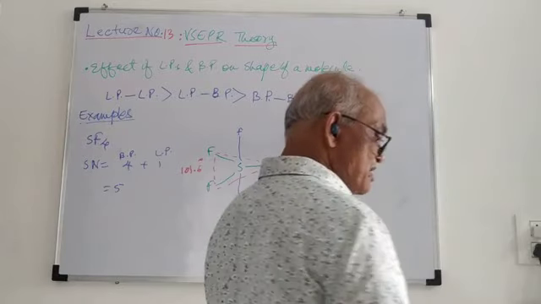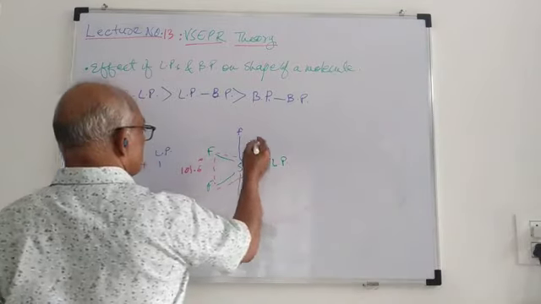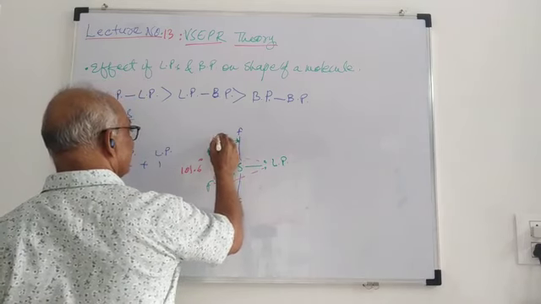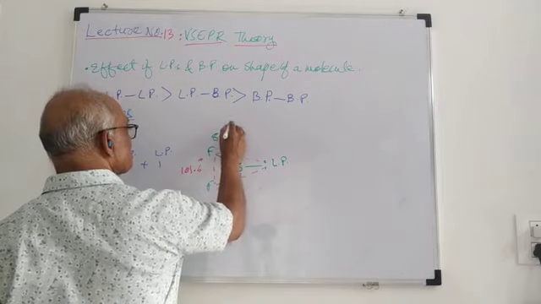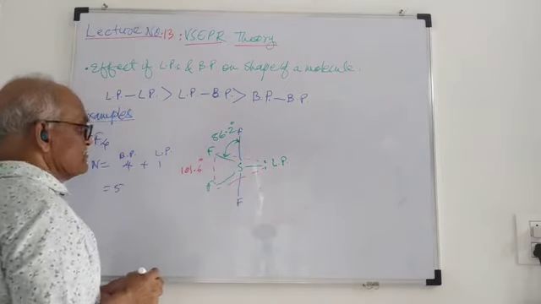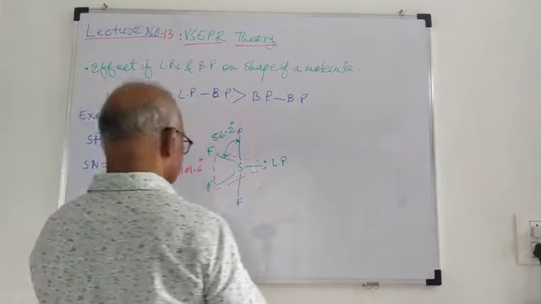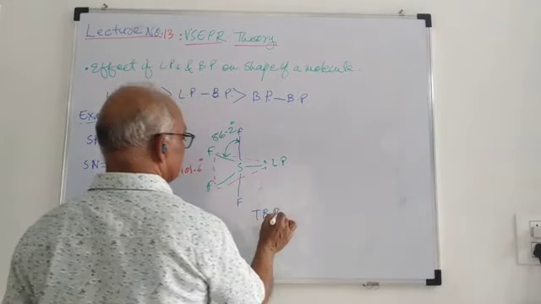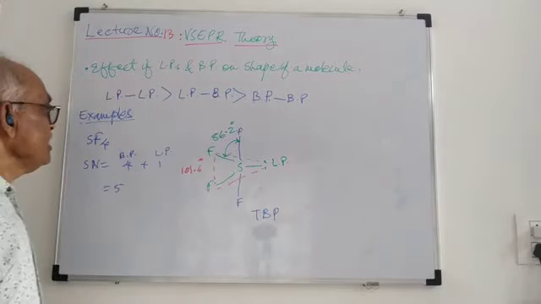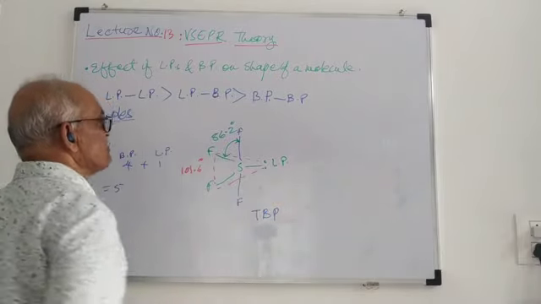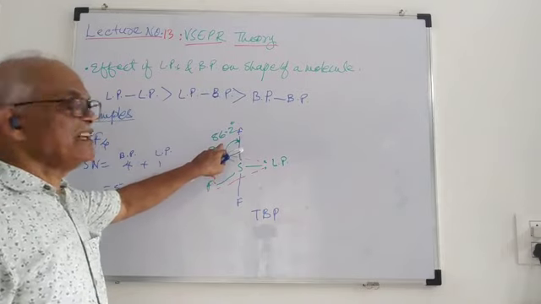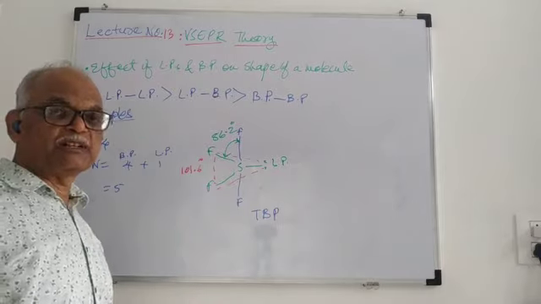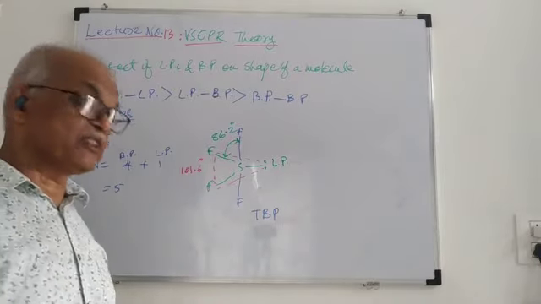Whereas this F-S-F bond angle is 86.2 degrees. And the structure of this molecule is trigonal bipyramidal. So you will see the effect of this lone pair: this bond angle is reduced from 90 degrees to 86.2, and this bond angle is reduced from 120 degrees to 101.6 degrees.